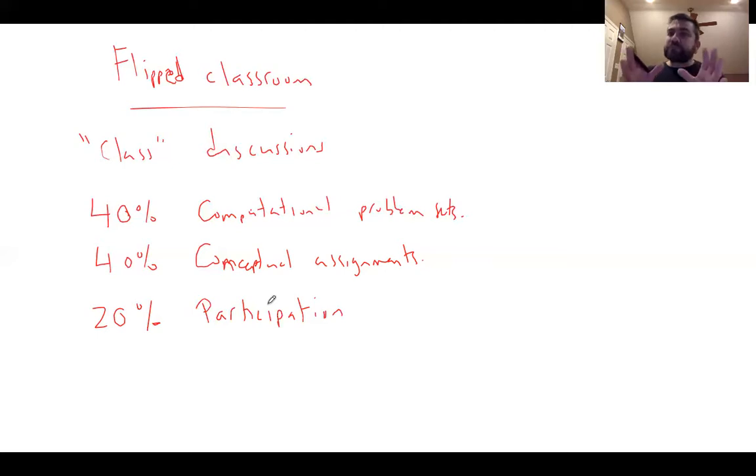I understand that there may be a range of comfort levels. Some people may be much more comfortable participating in the online forums, and some people may be more comfortable participating in the in-person sessions. I'm going to see how it goes.